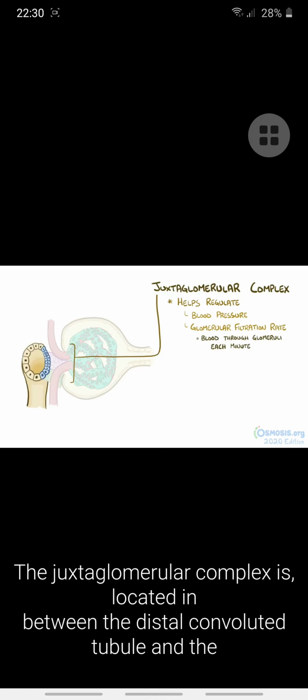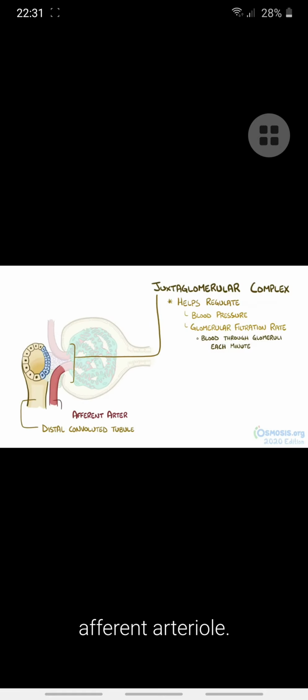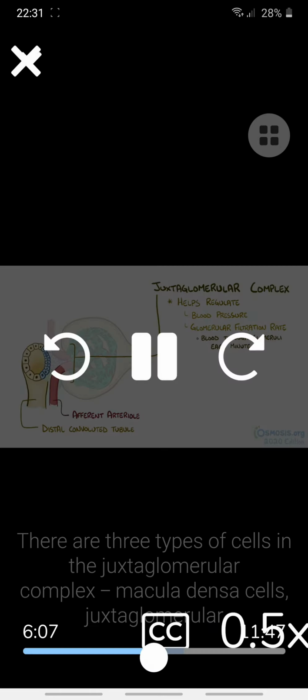The juxtaglomerular complex is located in between the distal convoluted tubule and the afferent arteriole.